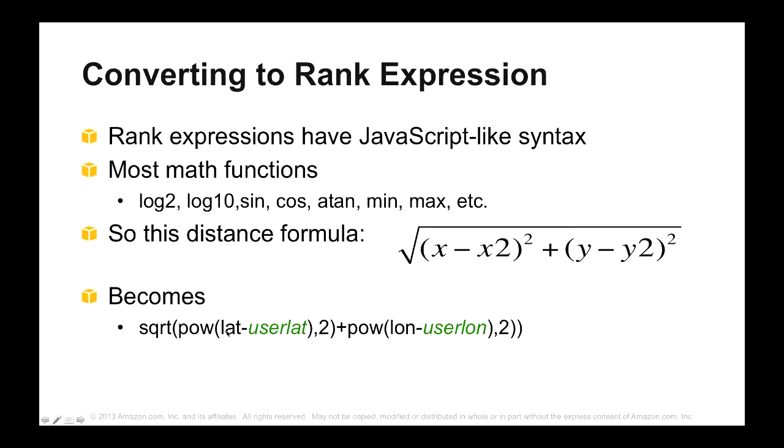We get the square root of the second power of the distance. Let me rephrase that. Take the distance of the latitude, square it. Take the distance of the longitude, square it, and take the square root. Right? So this formula here is the same as that formula over there. So that's how you would express it.